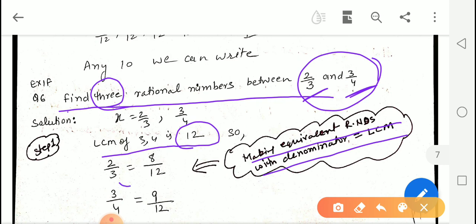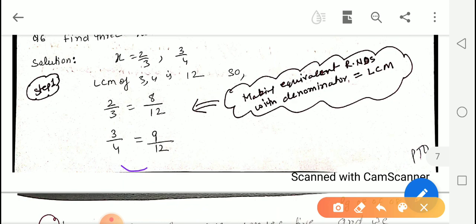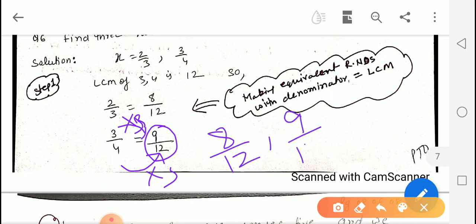Here we have made the denominator 12. 3 multiplied by 4, so the numerator is also multiplied by 4, so 8 by 12 is the equivalent rational number of 2 by 3. Similarly, for 3 by 4, here 4 is multiplied by 3, so the numerator will also be multiplied by 3, so we will get 9 by 12 as an equivalent rational number. Now 8 by 12 and 9 by 12 are consecutive.